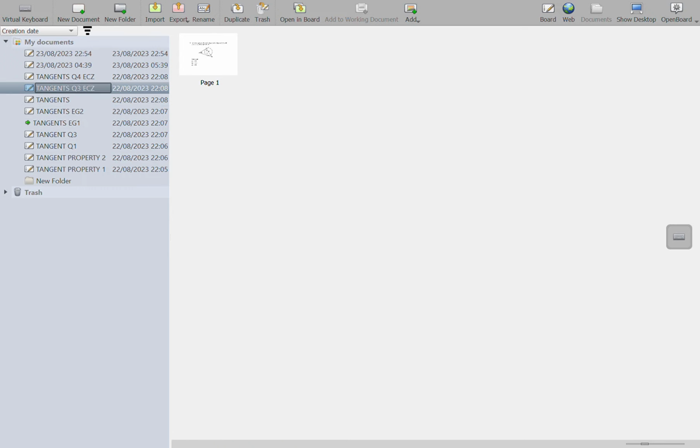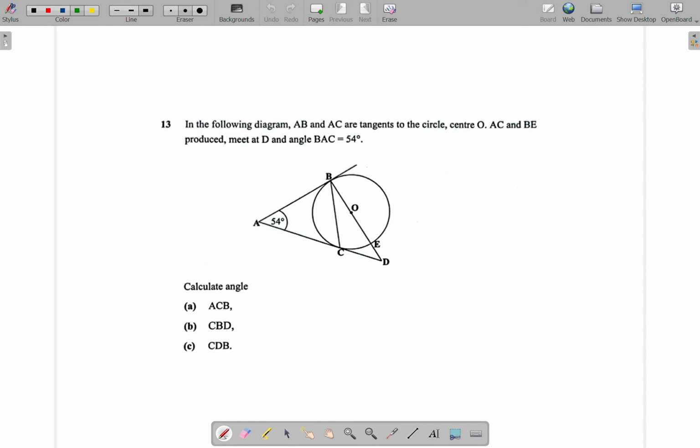For this one, the question says in the following diagram, AB and AC are tangents. You can see tangents. Now look at this.